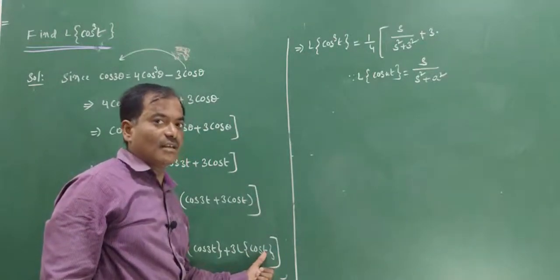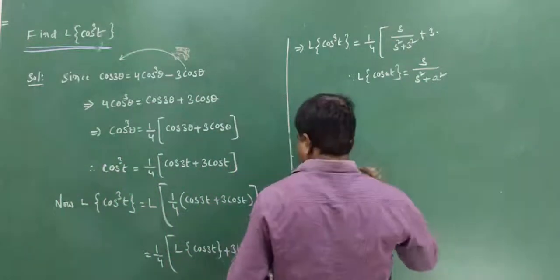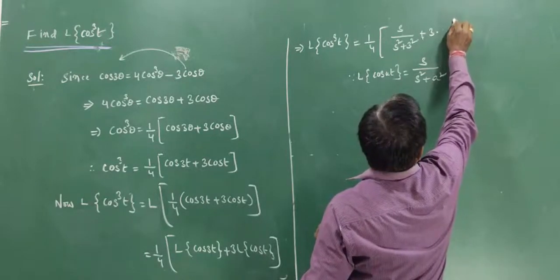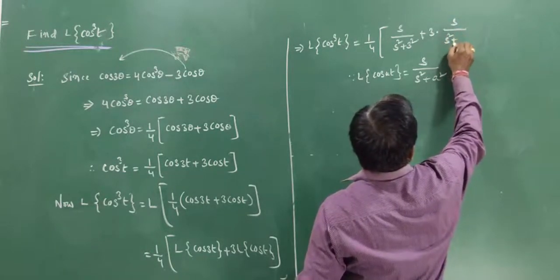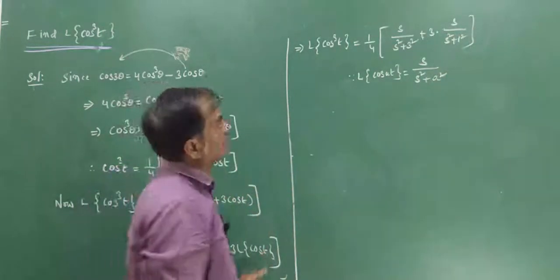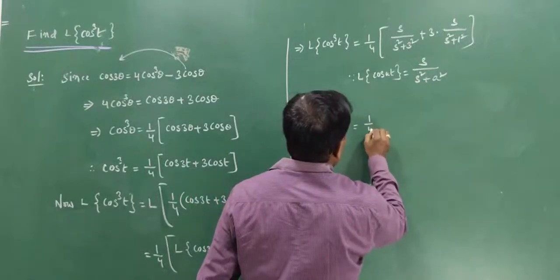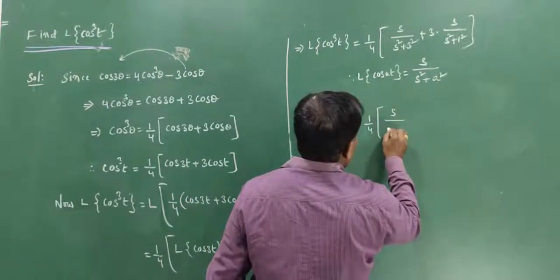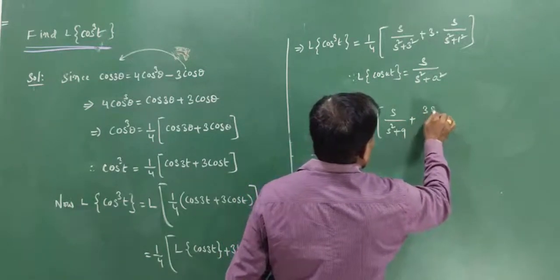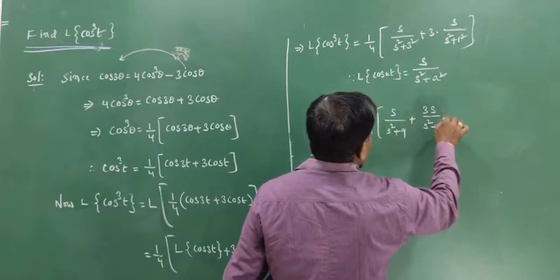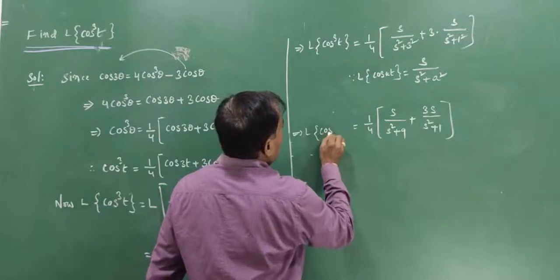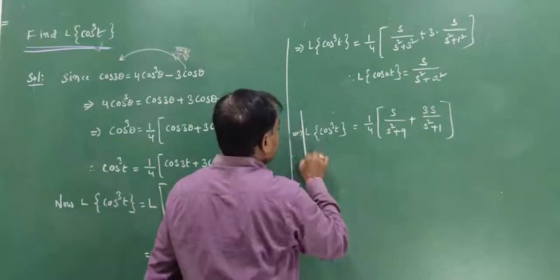Here a equals 1, so s by s square plus 1 square. This equals 1 by 4 of (s by s square plus 9 plus 3s by s square plus 1). So this is the Laplace transform of cos cube t.